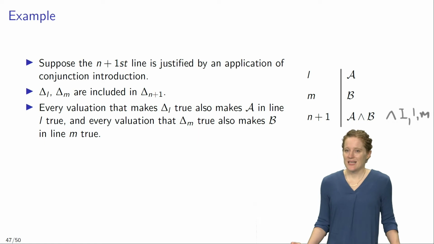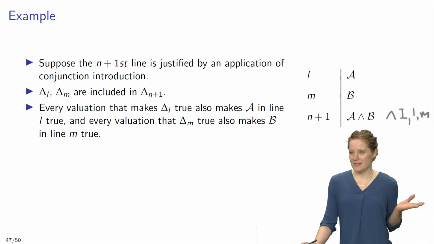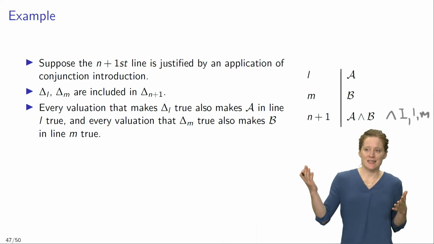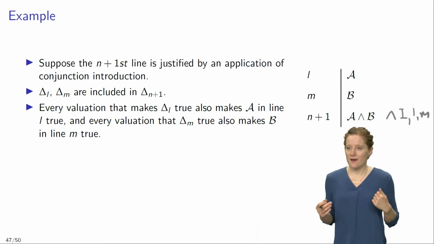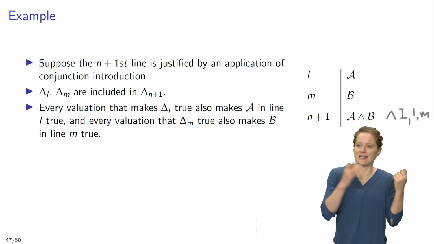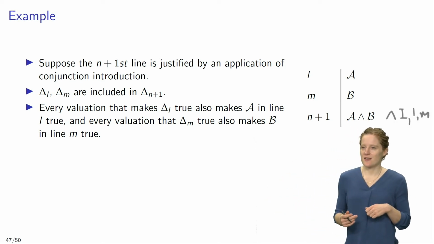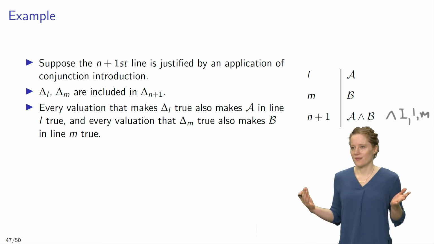Now let's think about what the inductive hypothesis tells us. We have assumed that proofs up until length n are proofs of tautologically valid arguments. And that means with regard to this proof that lines L and M are tautologically valid lines. So every valuation that makes delta L true also makes A in line L true, and every valuation that makes delta M true also makes B in line M true.